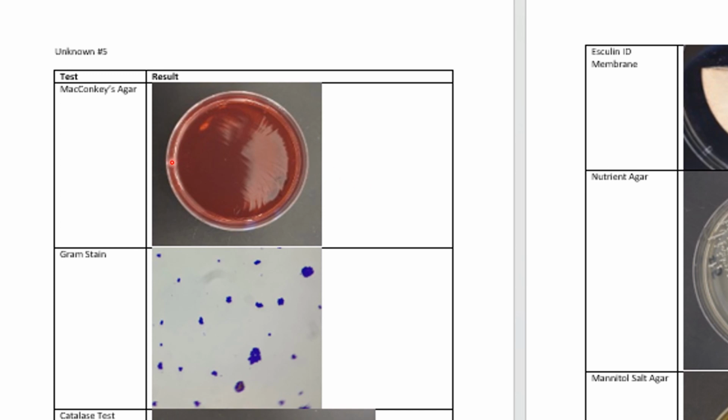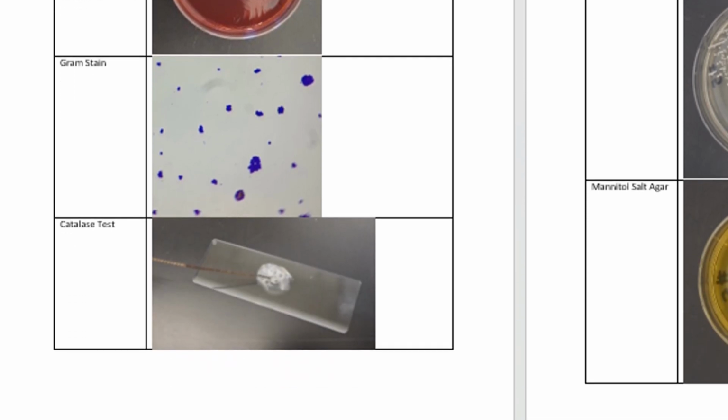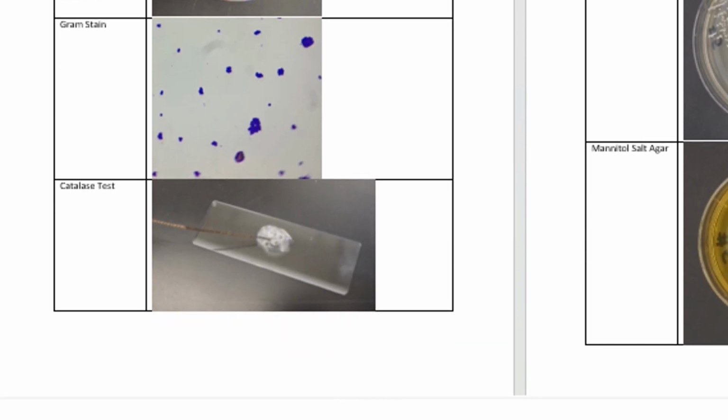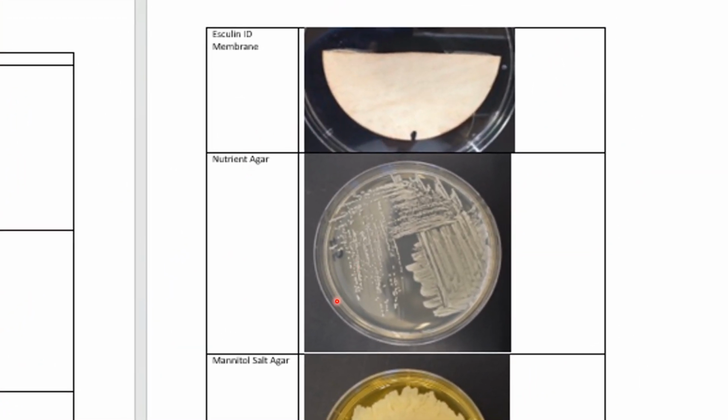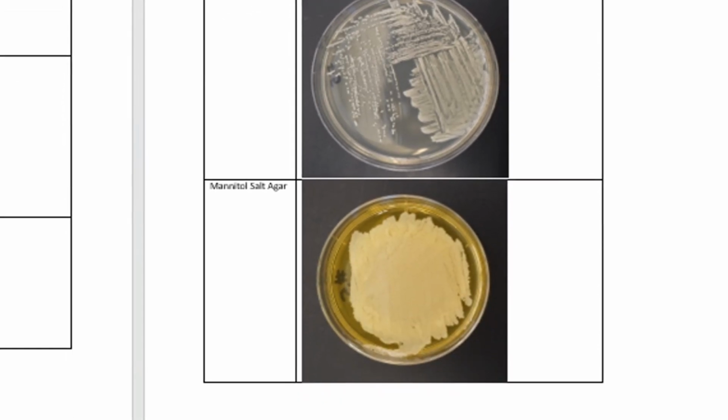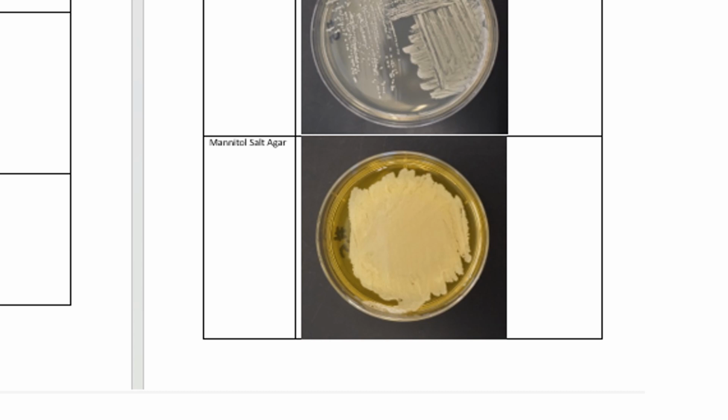As you can see, there's MacConkey agar, the gram stain, the catalase test down there, the esculin test and the nutrient agar test. That's a scratch plate, which you are familiar with. And there's the mannitol salt agar. These are the results that I would have gotten if I had done the tests for unknown number 5.